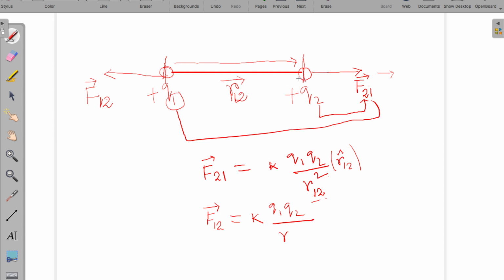We are measuring the force experienced by Q1 due to Q2, so the distance starts from Q2 and ends at Q1, so R21. In this case the unit vector will be R21 cap, right?